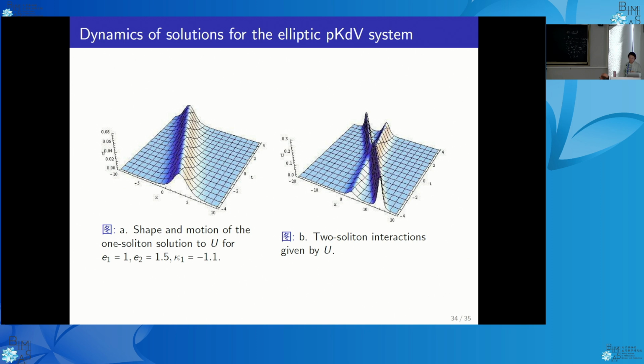And in the second picture, we show two soliton interactions. It can be analyzed that after interaction, the amplitude has changed. So it's not an exact soliton solution. But we can call it an elliptic soliton solution. Or we can also do the asymptotic analysis to calculate the amplitude, the top trace of these two solitons.